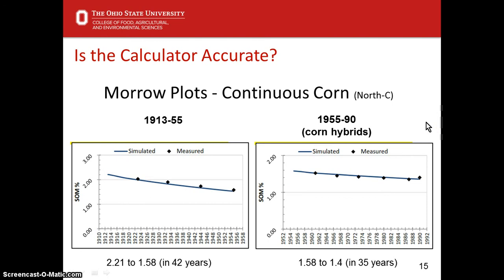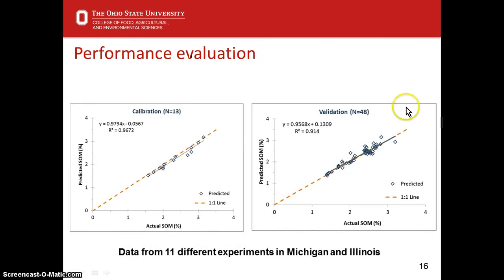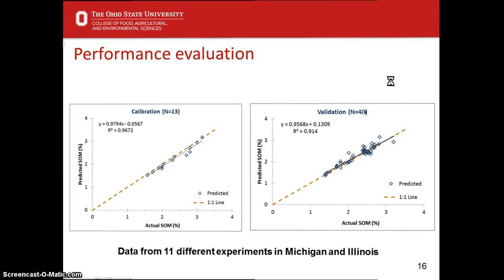So it shows the accuracy of the calculator. Again, additional studies on the same graph, and you can see that the actual measured and predicted values are in very close agreement with each other. And these are studies based in Michigan, Illinois, and Ohio.